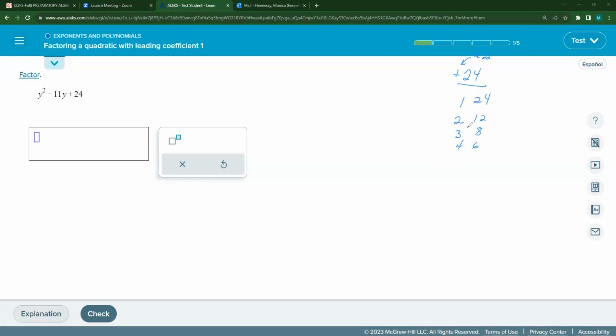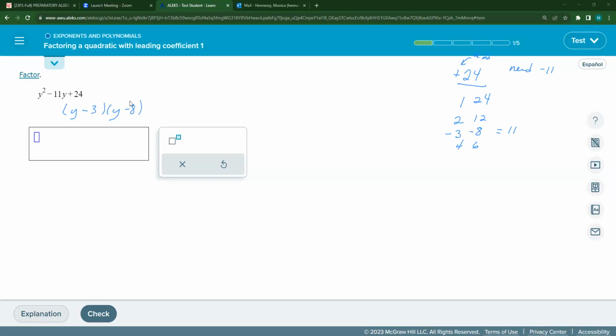If I add them together, I need to get negative 11. So I know that 3 plus 8 equals 11. To get this to be negative, I'm going to have a negative 3 and a negative 8. So my parentheses are going to be a y and a minus 3 and a minus 8.